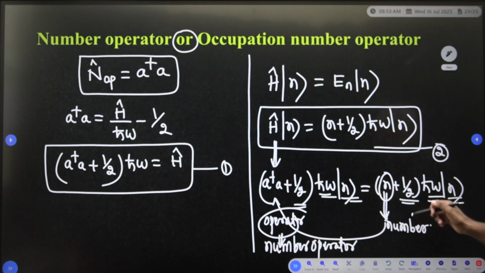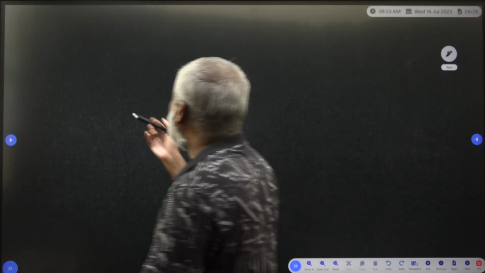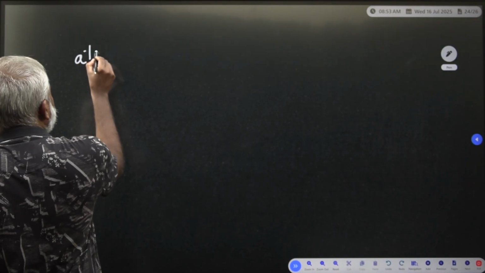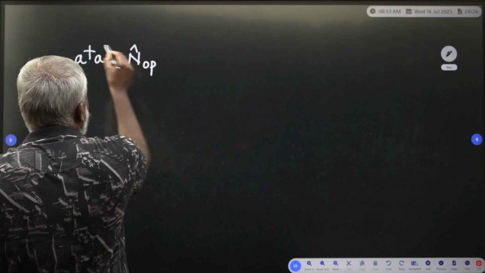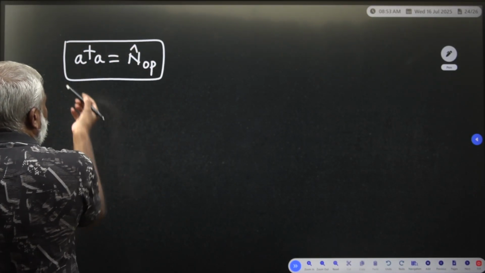Clear? So therefore we have to write A dagger A is equal to the number operator. So this operator we call the number operator.